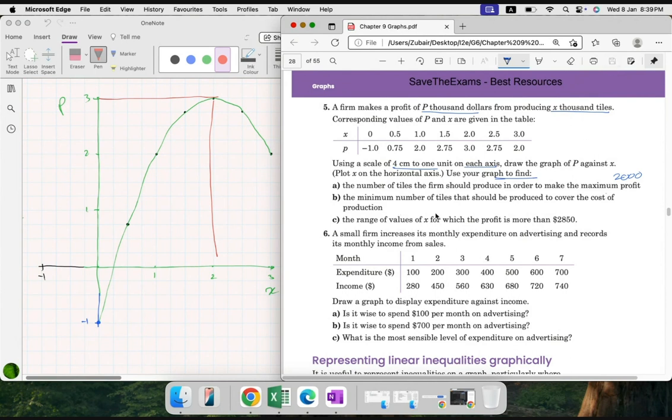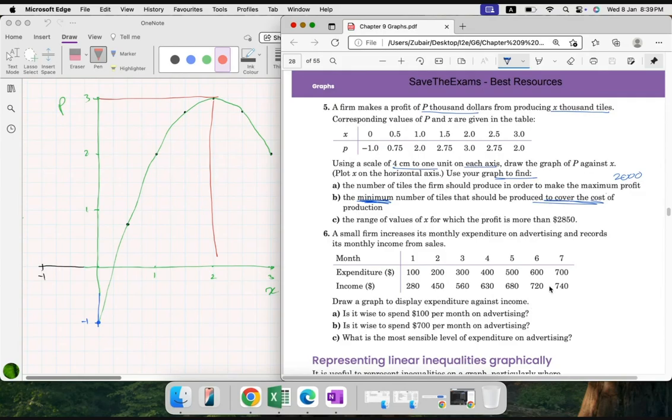To cover the cost of production. What does that mean? Like not go in loss. That's right.